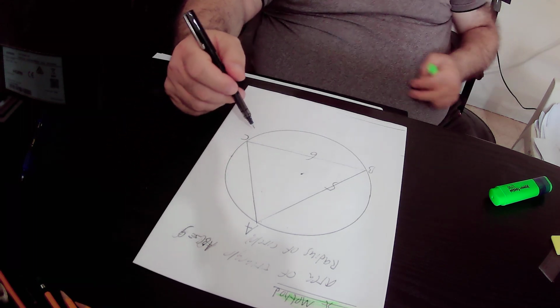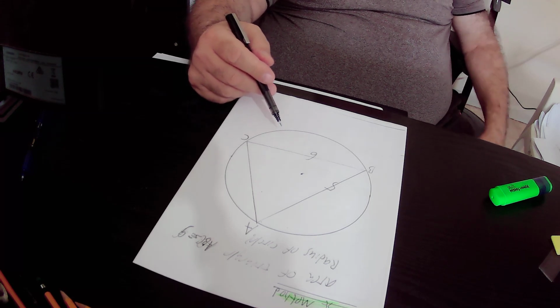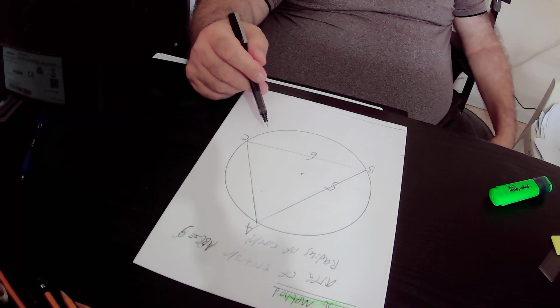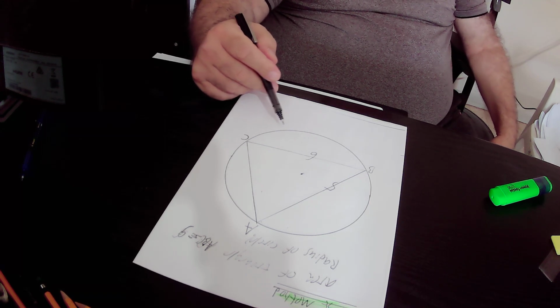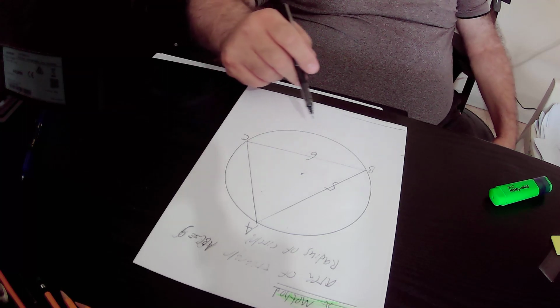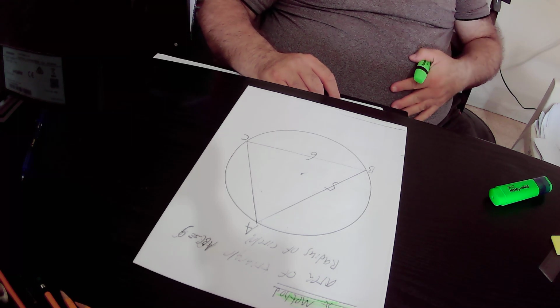We also know that side AB of triangle ABC equals 5 units, and side BC equals 6 units. We want to find the radius of the circle that encloses triangle ABC. So we start with the first method.